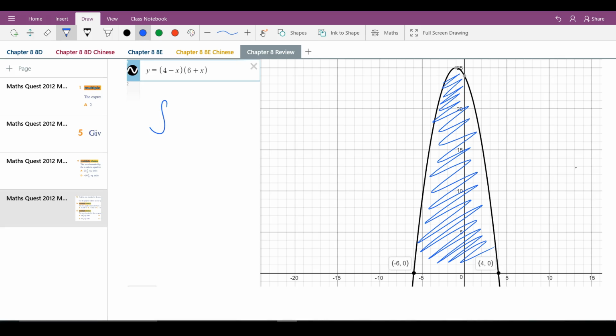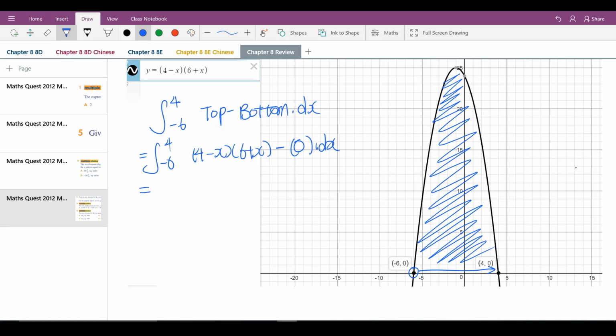So we're integrating from -6, this point, to positive 4. Remember, top minus bottom, integrated with respect to x. The top is our g of x function, (4 minus x)(6 plus x), minus the bottom function, which is the x-axis, y equal to 0.